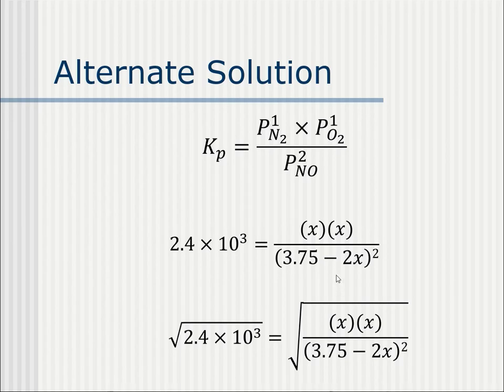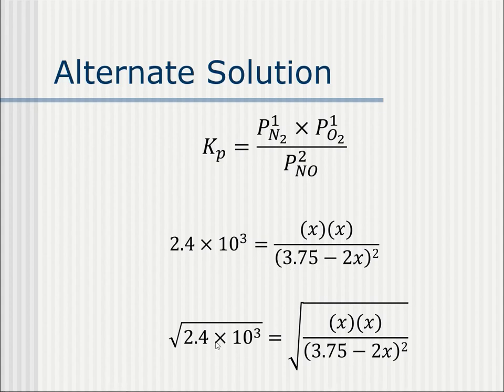And you're saying, Mr. Ferrin, why'd you make me do all that work if I could do that? Well, I just want to show you that sometimes we are going to have to use the quadratic formula. When it's not as laid out to be simple, you may have to use the quadratic formula. And I want to remind you how to do that. But we could do the square root.